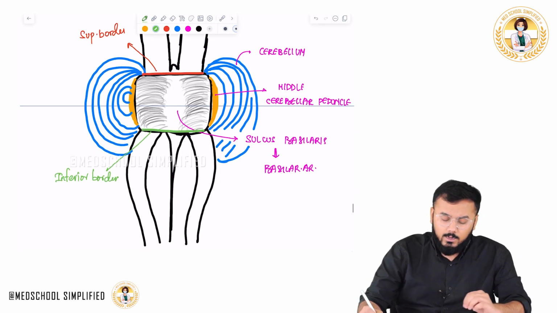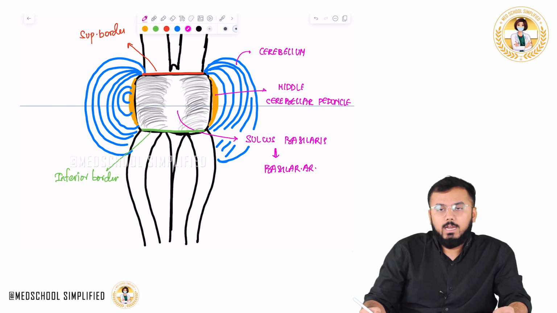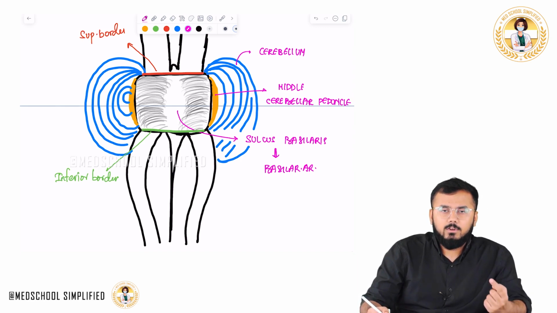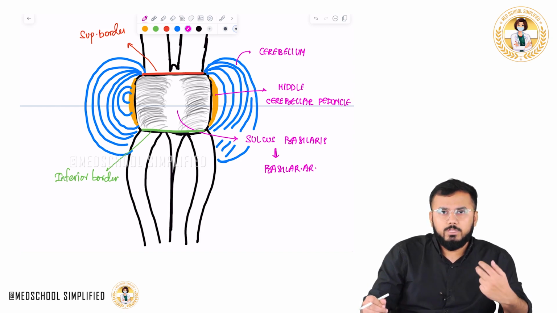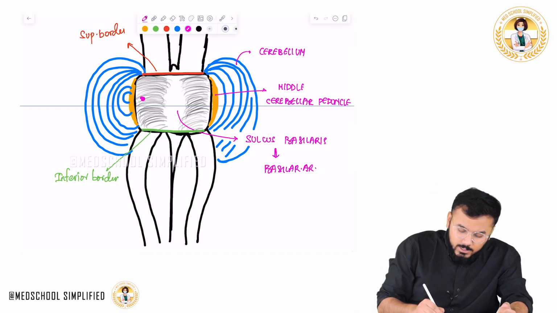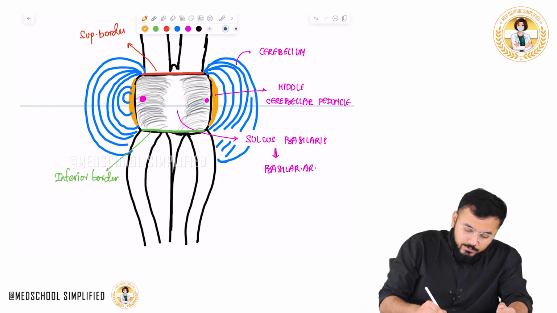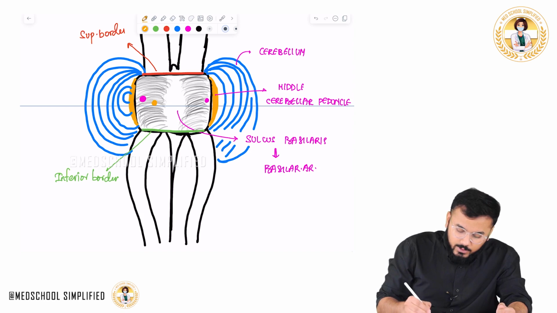Next important thing you have to know is that there is one cranial nerve with two different roots coming out. Here there is the nucleus of one cranial nerve on either side, and just in front of that, the nucleus of another cranial nerve.